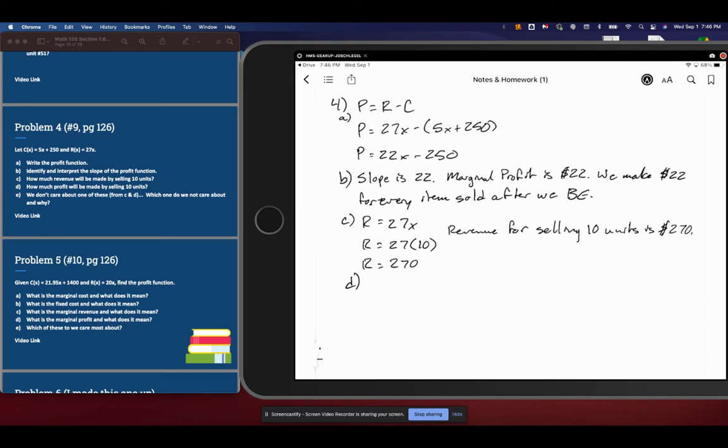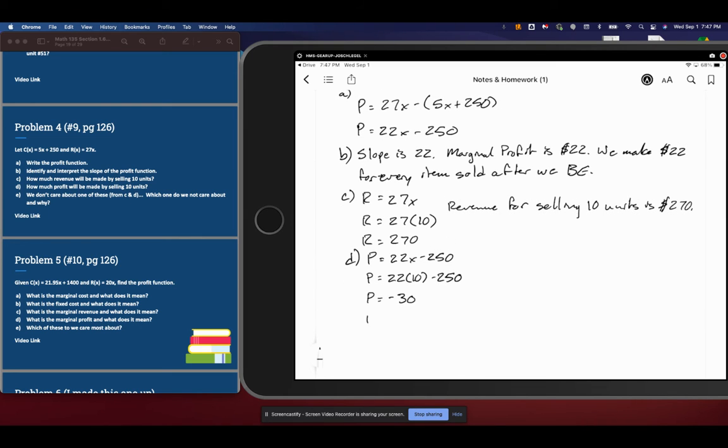D, how much profit will be made from selling 10 units. And so if we look at our profit function, profit is equal to 22x minus 250. So in the revenue function, it looks like we're doing pretty good. We're making money. Let's see what happens when we put it in the profit function. And our profit, if I were to give that to Wolfram, everyone, would end up being negative 30.